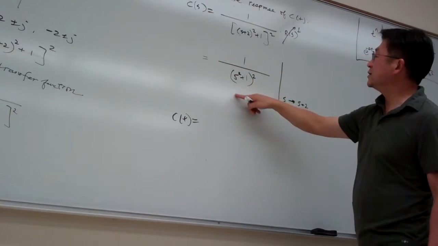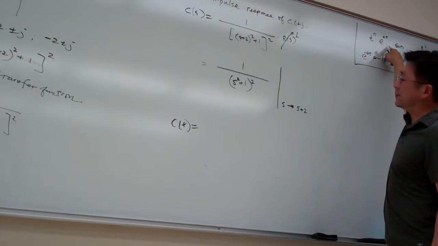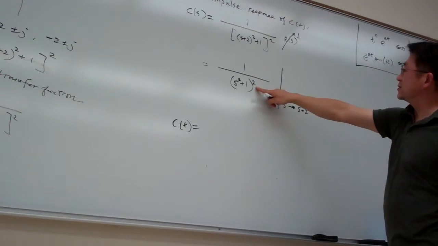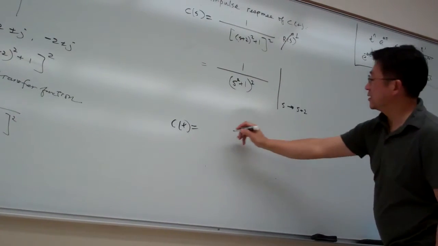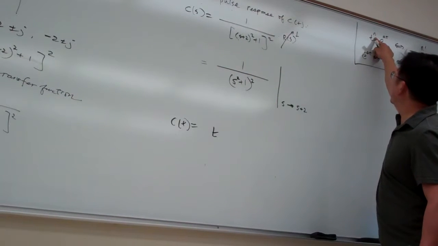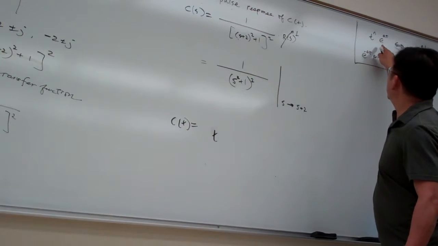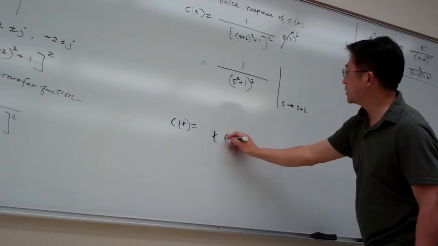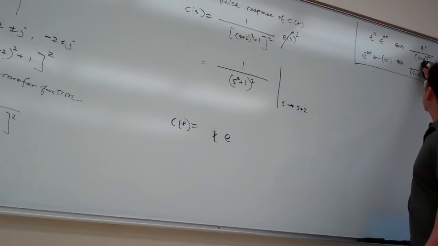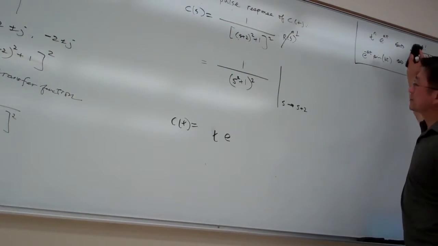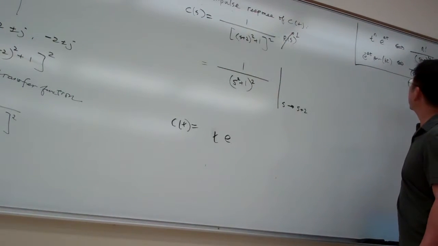The first form has an inverse Laplace transform if we pick these templates, and this is in the second power, so n equals 1, so t to the first degree multiplied with the exponential.